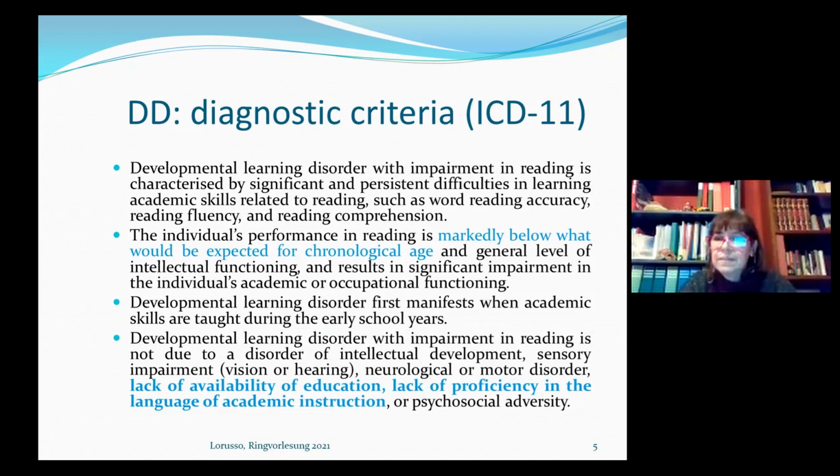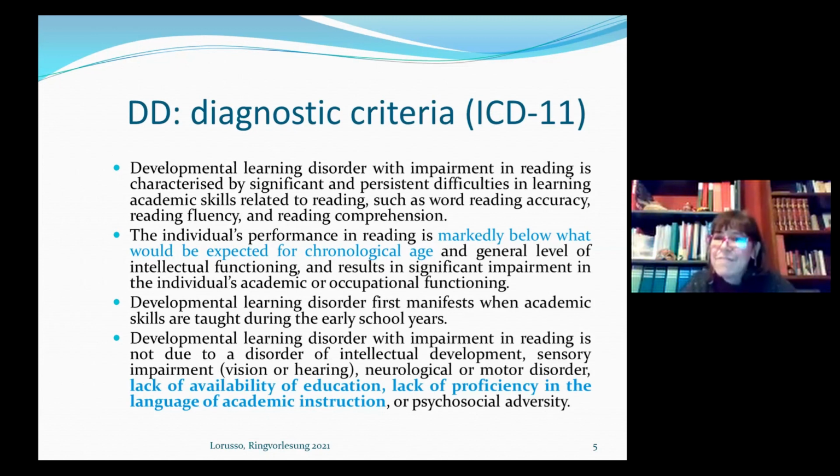So this is, again, a change with respect to what it was before, because it says it is markedly below. It does not give exactly the cutoff, which was given in the previous versions of both ICD-10 and DSM-4. So it says it has to be below and markedly below, so significantly below.